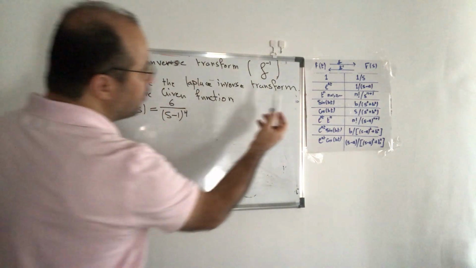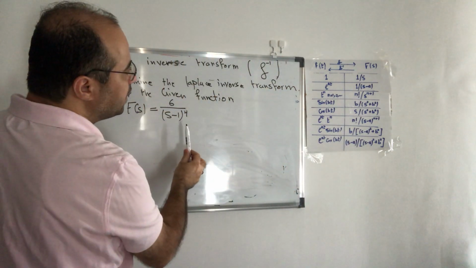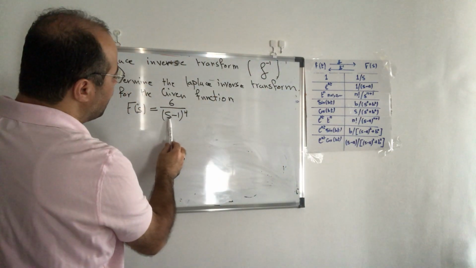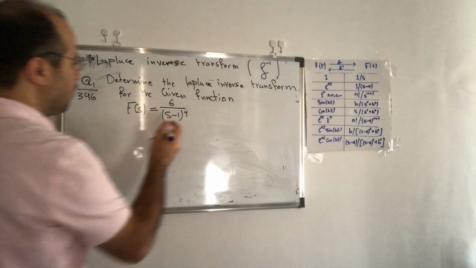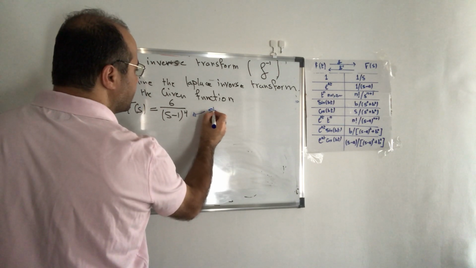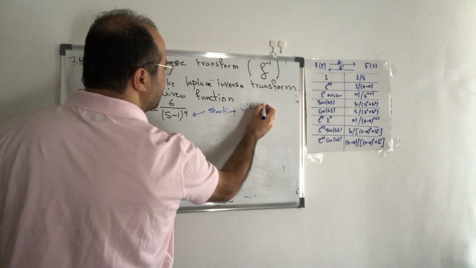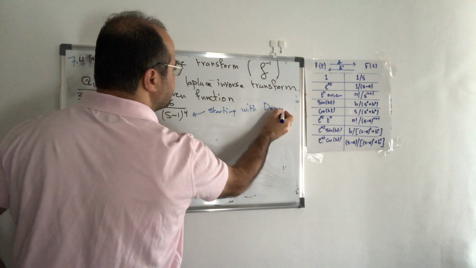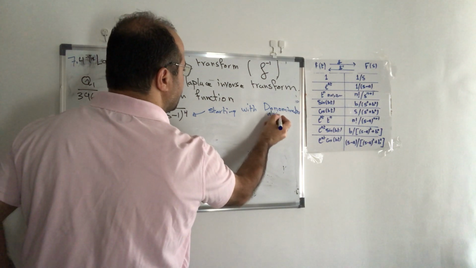Now let me compare here which one is the closest one. Always I will start looking at the denominator.